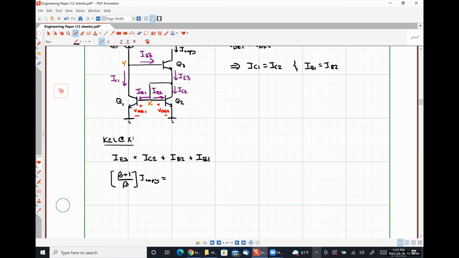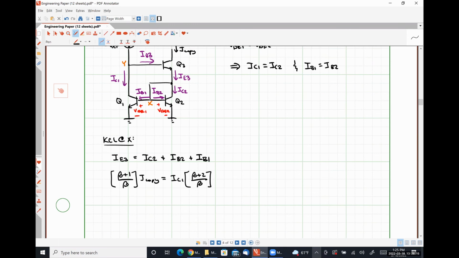And this is going to be equal to IC2 plus 2 IC2 over beta, which is the same as IC1 times beta plus 2 over beta. So to be clear here, IB1 is IC1 over beta.